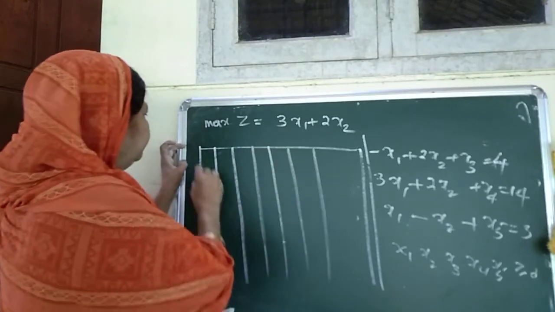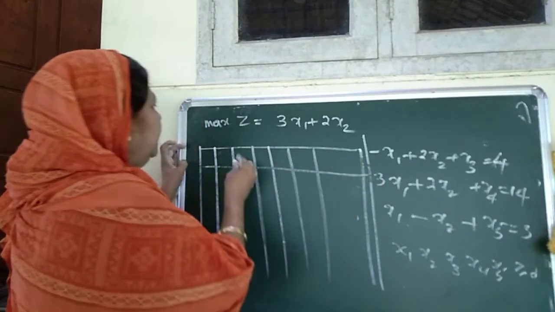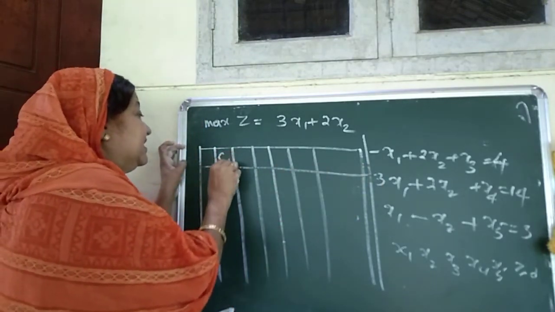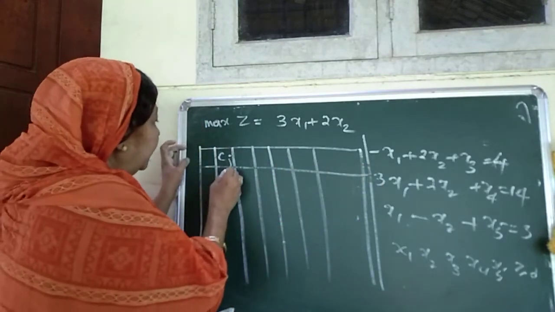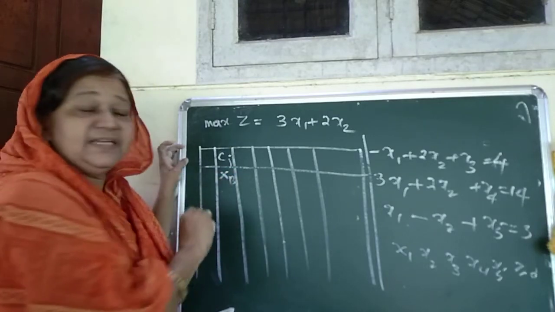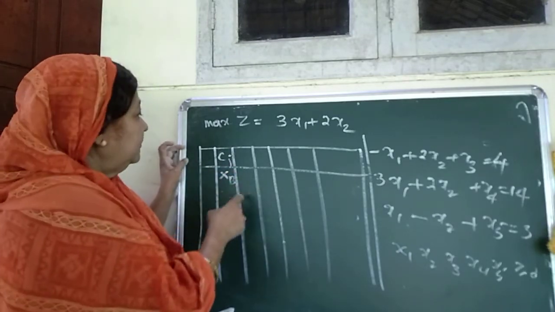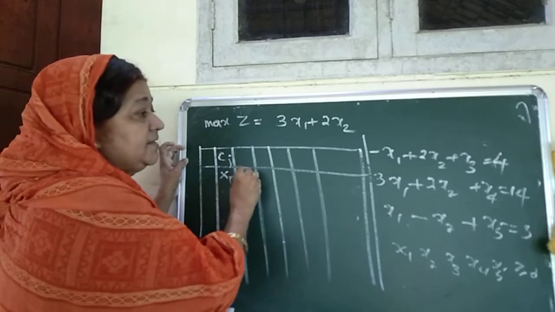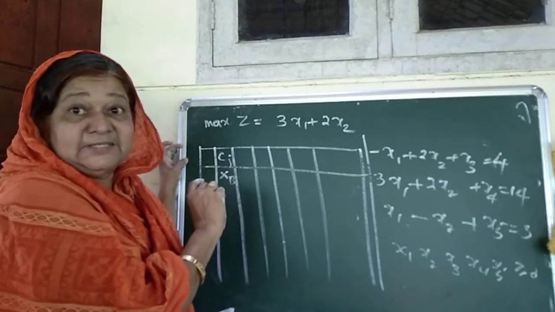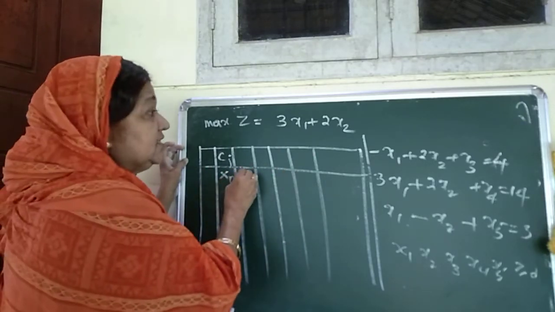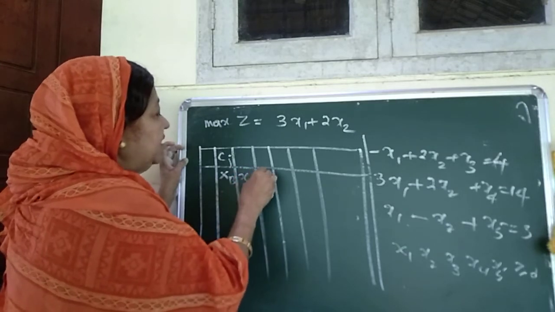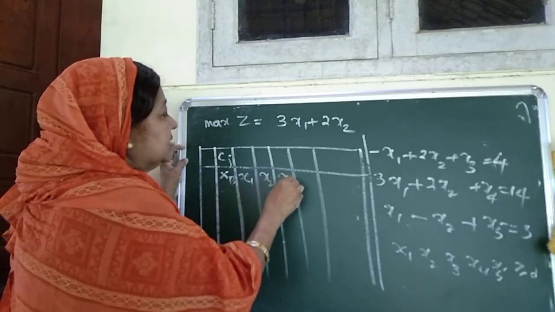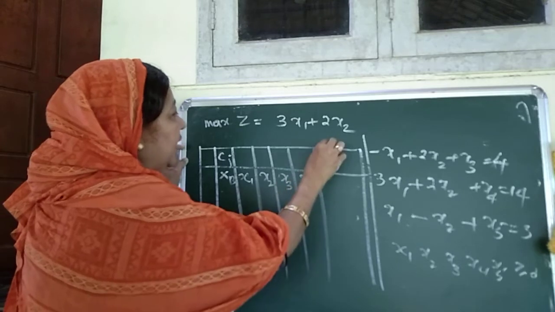It's very simple. Then here Cj, and here xb. xb means vectors in the basis. Then here we write all the variables. That is, first variable is x1, second variable is x2, third is x3, x4 and x5.